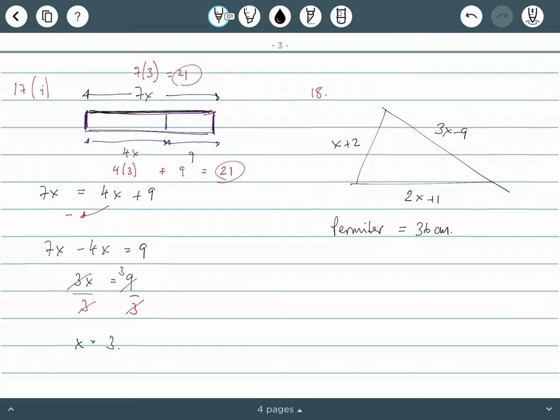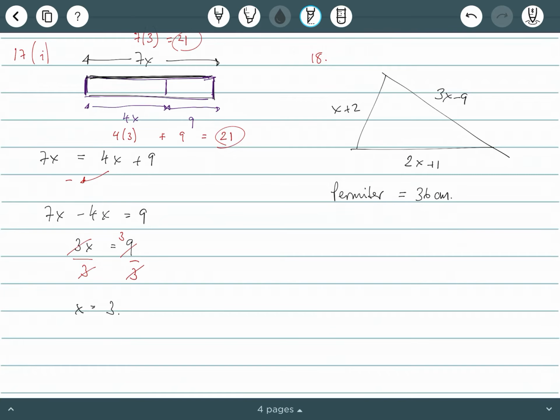Now remember, the perimeter is this side, plus this side, plus this side. So the full perimeter is equal to 36 centimeters. So what are you thinking? I'm thinking this plus this plus this is equal to this. So I'd like you to give that a go and solve for x for me.